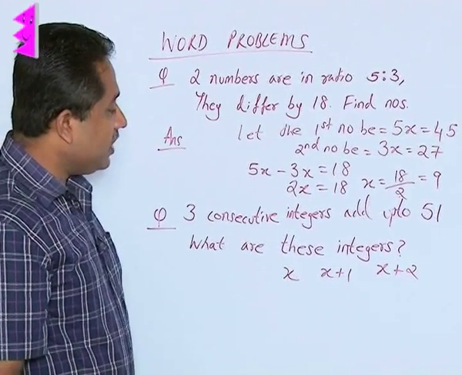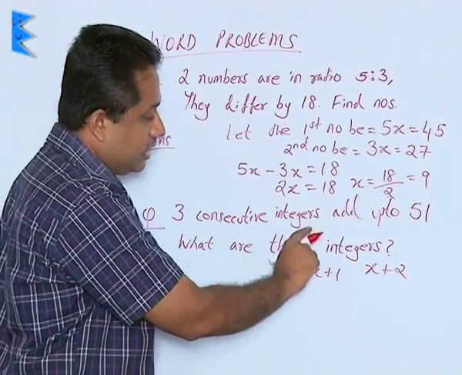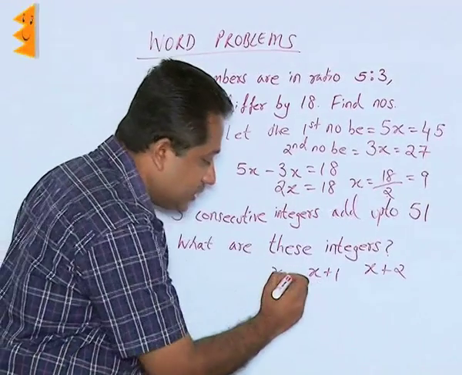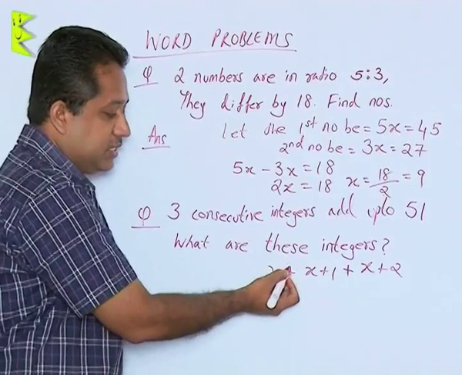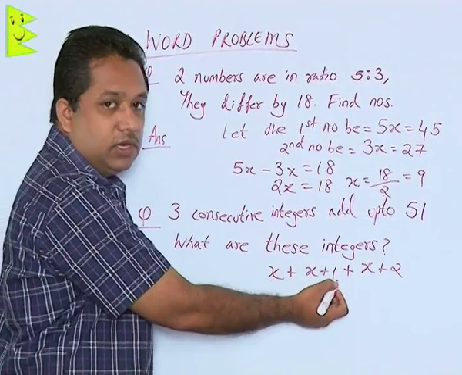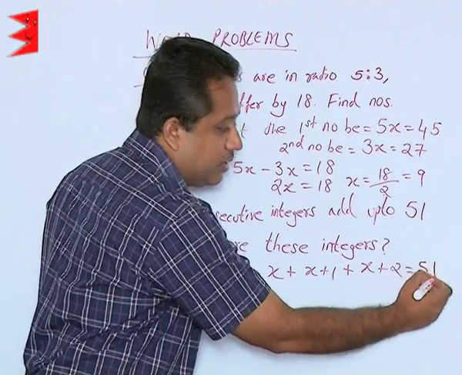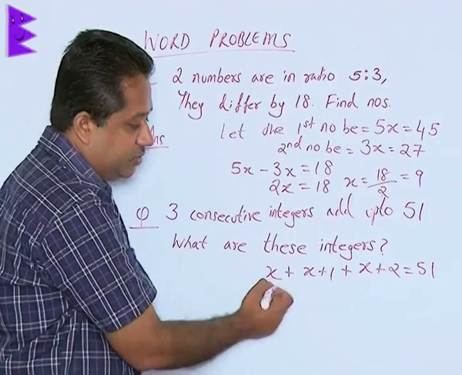So, if you have these 3 consecutive integers, here as per the question, the 3 consecutive integers add up to 51. Add up to 51 means we will have to put plus sign in between. So, we get x plus x plus 1 plus x plus 2 is equal to 51. X, x and x, there are 3 times here x.